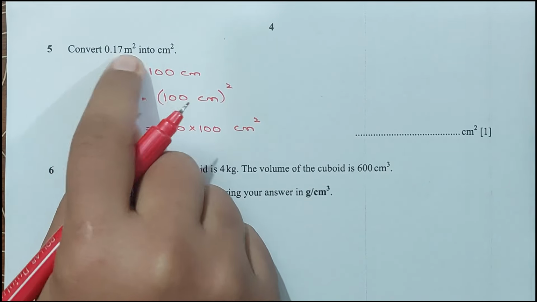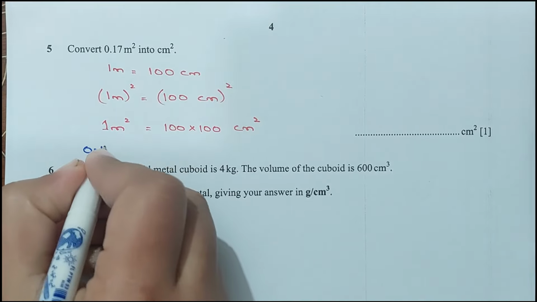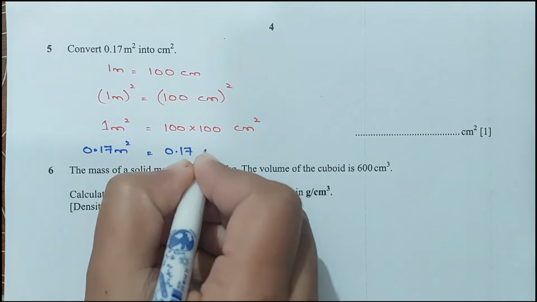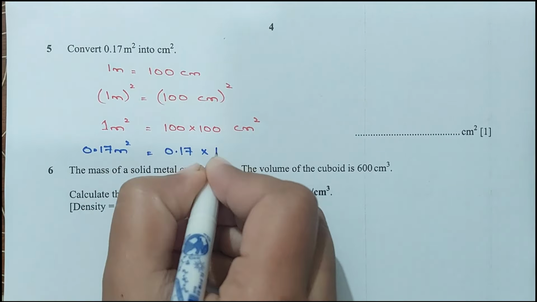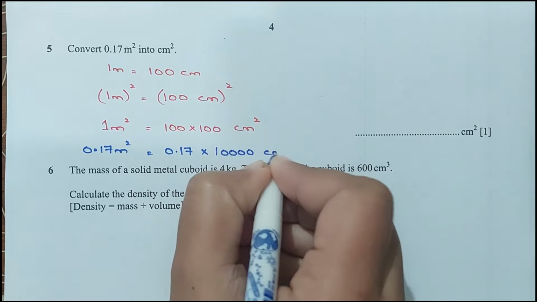So what about this much meter square? We can multiply both sides by 0.17 meter square. This is 0.17 multiplied by 1 with 4 zeros, 1, 2, 3 and 4, centimeter square.